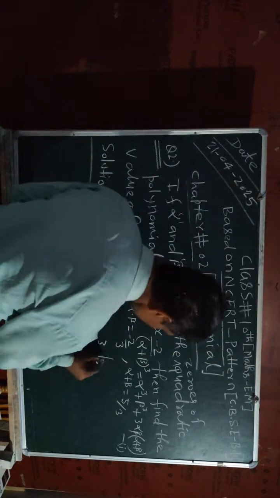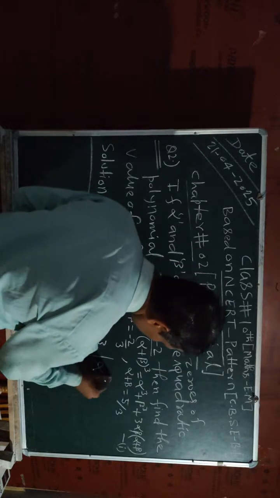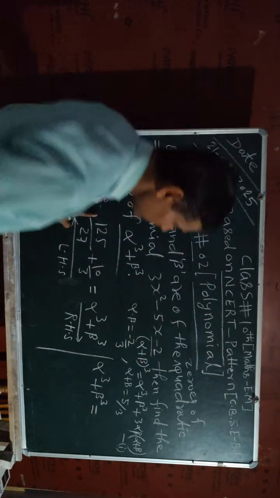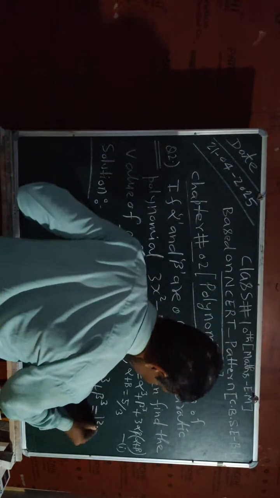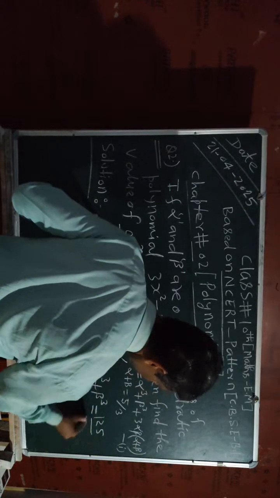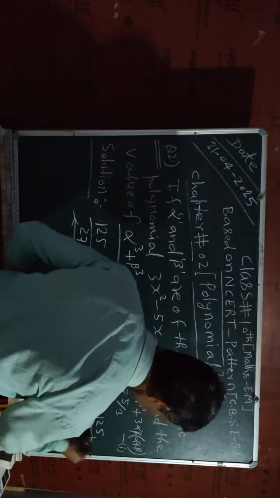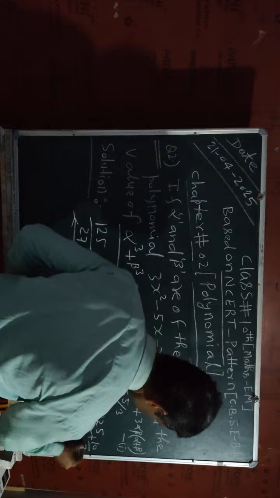In the left hand side I will write alpha cube plus beta cube, which is equal to 125 divided by 27, and one term is 10 divided by 3, so I will write here 10 divided by 3.